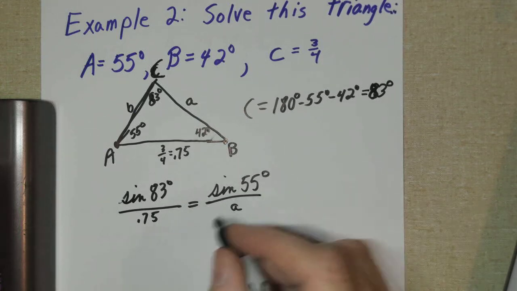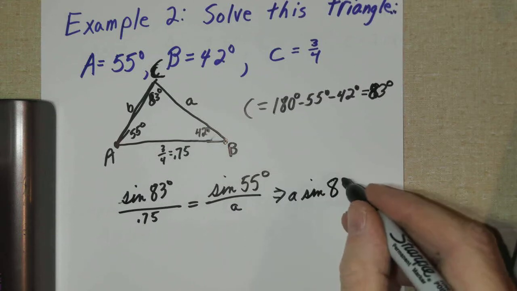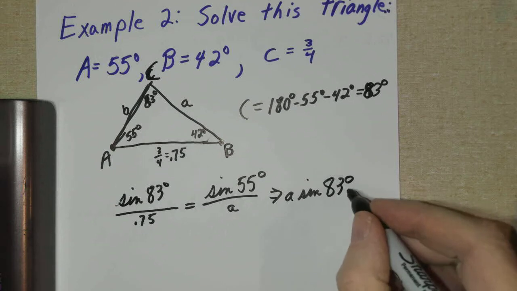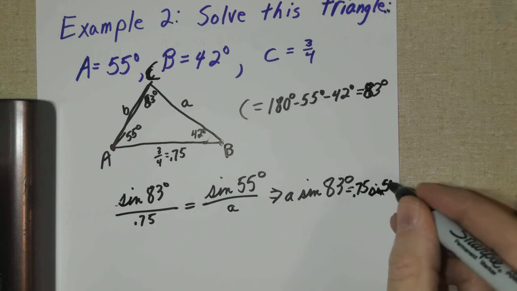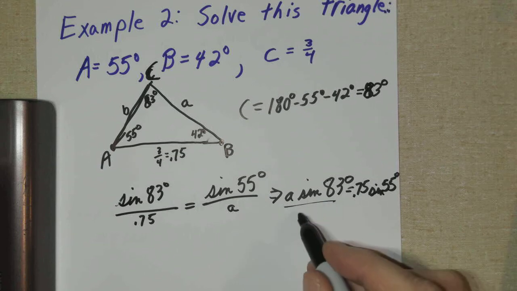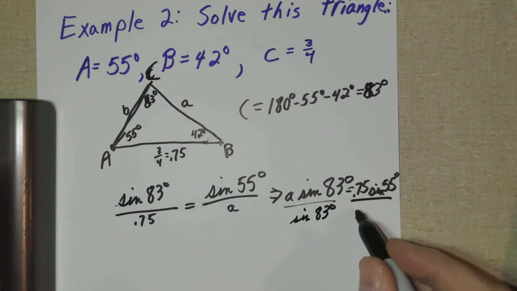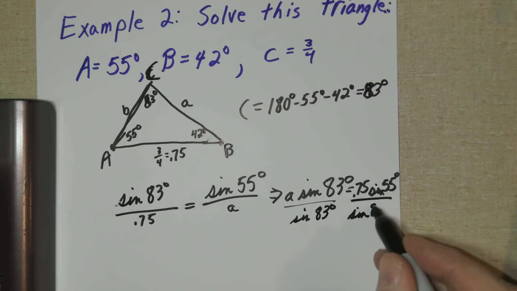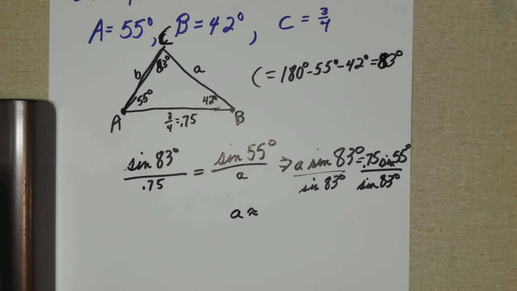So, let's come over here. A times the sine of 83 degrees is equal to 0.75 times the sine of 55 degrees. Let's divide through by the sine of 83 degrees. A is approximately, I'm going to stay with the 2 decimal places rule here.